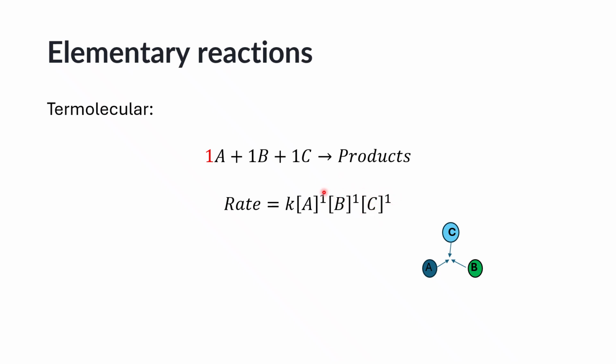The orders with respect to reactants A, B, and C are 1, which were deduced from the elementary reaction equation, 1 A, 1 B, and 1 C.